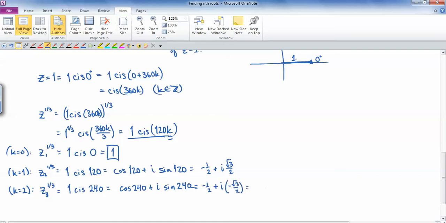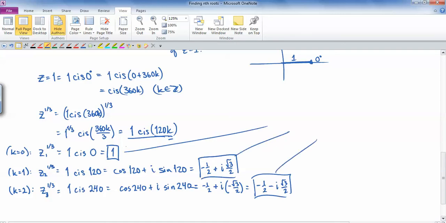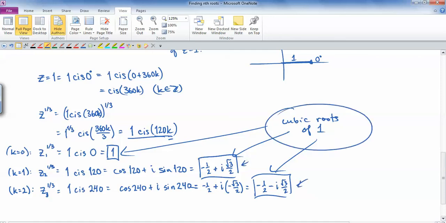So then we can write this as negative 1/2 minus I √3/2, like that. So these are the 3 cubic roots of unity right here, the cubic roots of unity, right, of 1. And so if you took any one of these 3 and you cubed them, you would get 1 back. Okay, hope that helps.